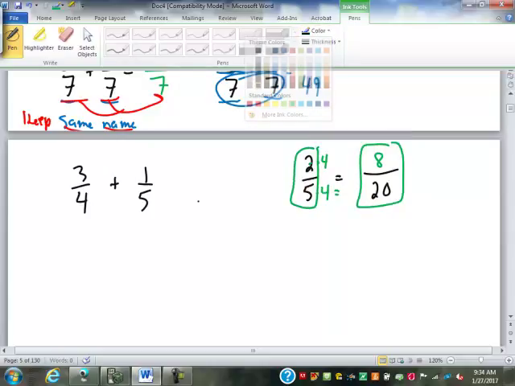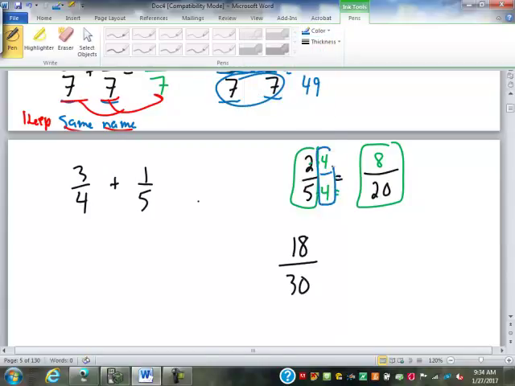We can go the other direction as well. We might have 18/30. Well, if I can multiply the top and bottom by the same thing, I can reverse that process. I can divide the top and bottom by the same thing. What can both 18 and 30 be divided by?